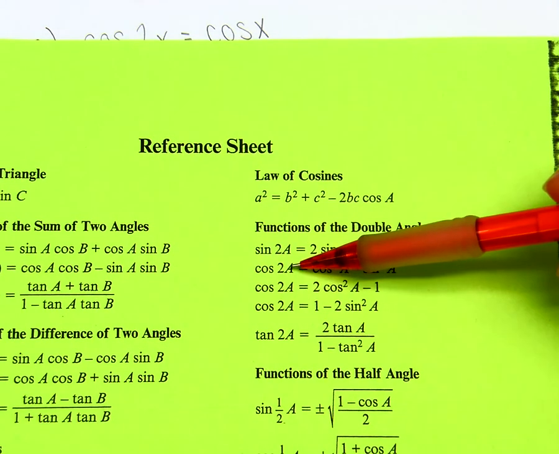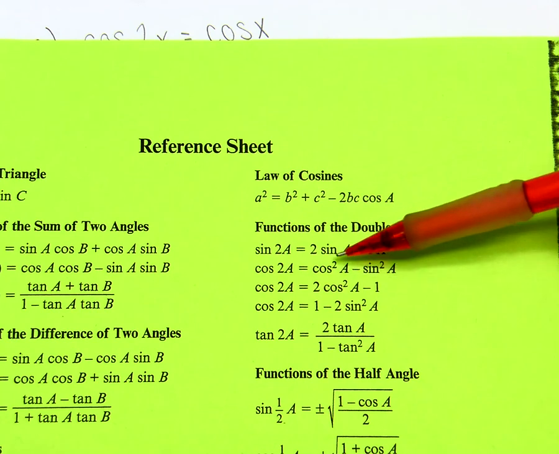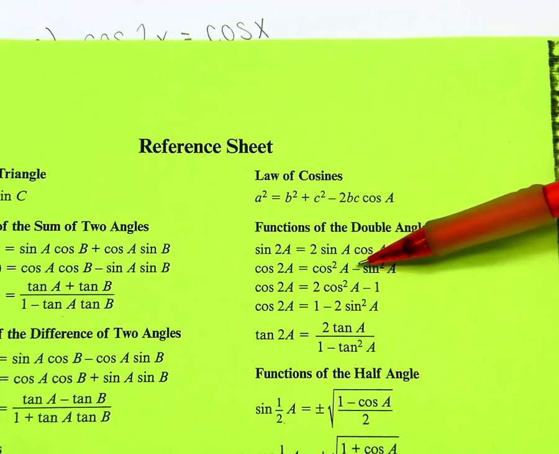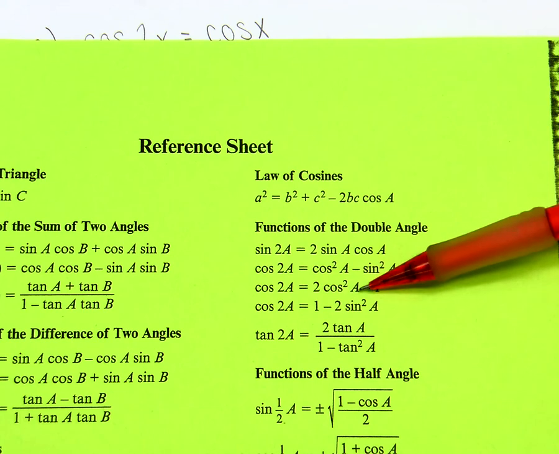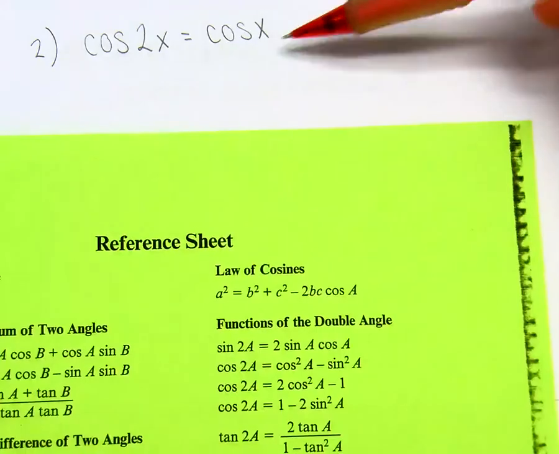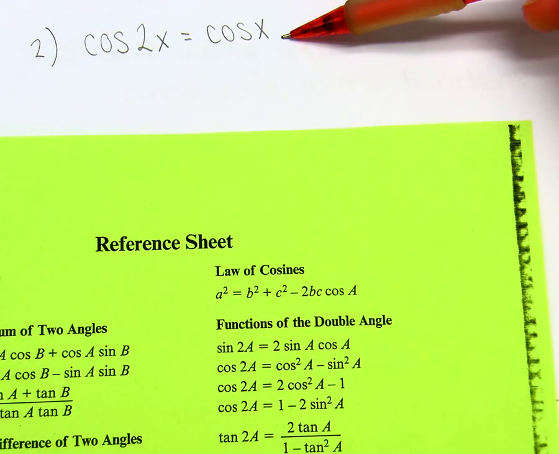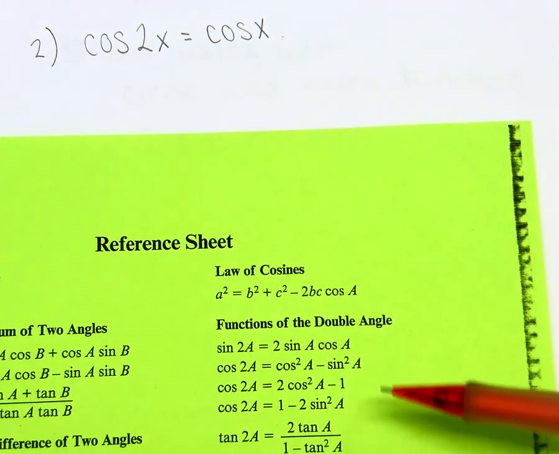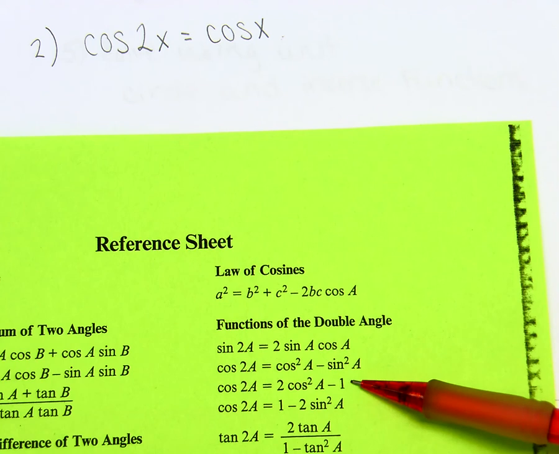Cosine 2x could be cosine squared a minus sine squared a, 2 cosine squared a minus 1, or 1 minus 2 sine squared a. Since I have a cosine on this side of the equation, I want to use something that only has a cosine in my identity.